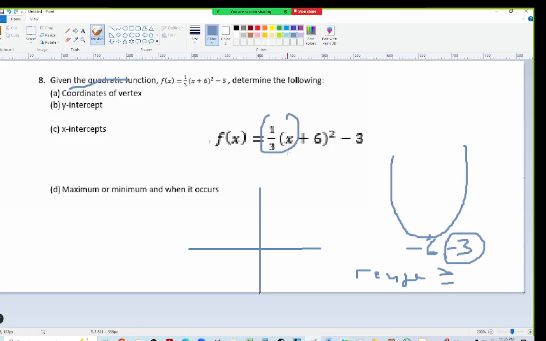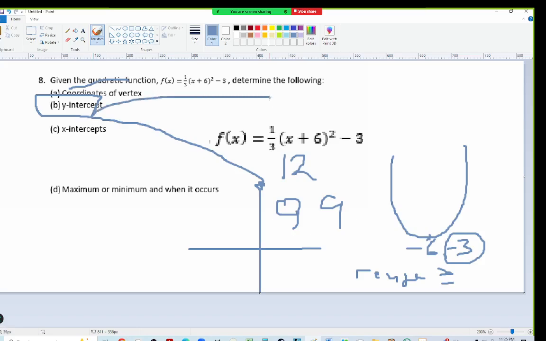A third of 36 is 12. You can just do that in a calculator. When you see a fraction like this, you're just dividing whatever that is by 3. 12 minus 3 is 9. So that means when x is 0, y is 9. Make sense? Yeah. So y-intercepts are really easy because all I have to do is put a 0 in here for x and then solve. Good?